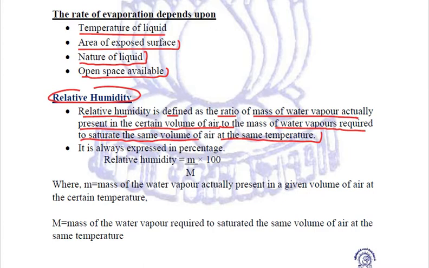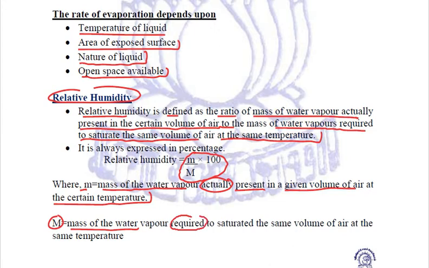And this relative humidity is calculated by the formula small m upon capital M into 100, where small m is the mass of the water vapor actually present in a given volume of air at the certain temperature, whereas this capital M represents the mass of water vapor required to saturate the same volume of air at the same temperature.